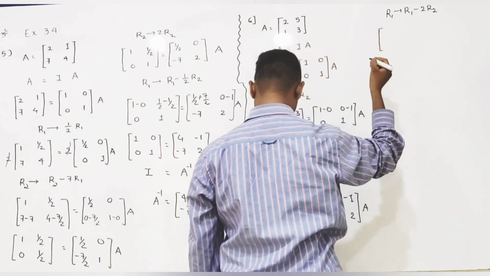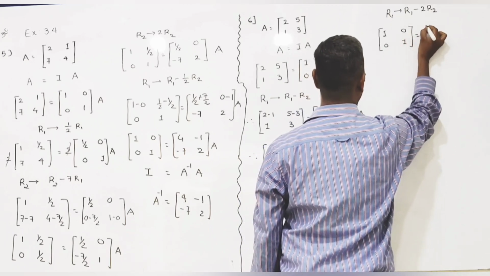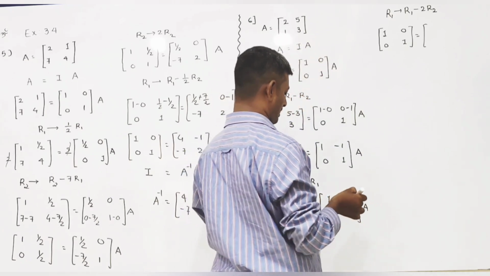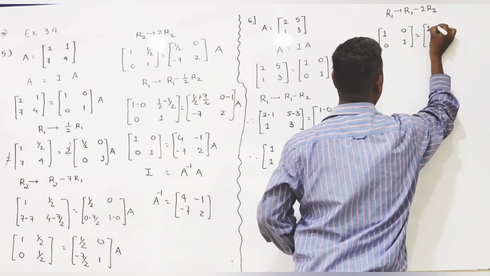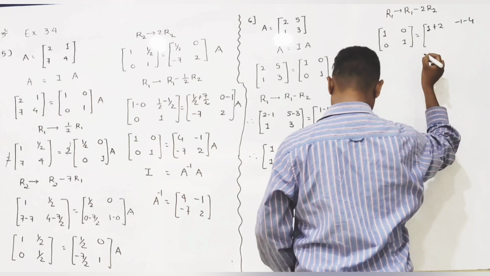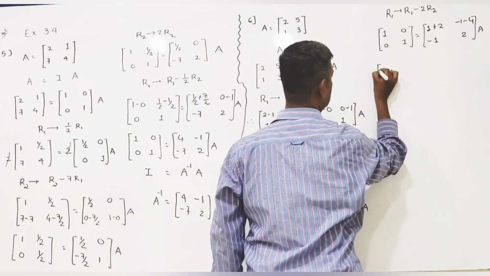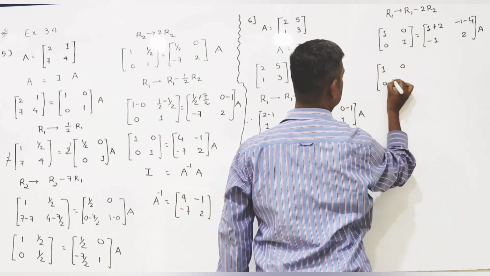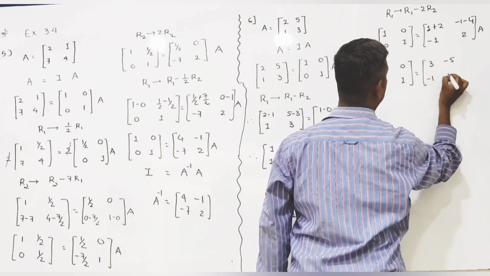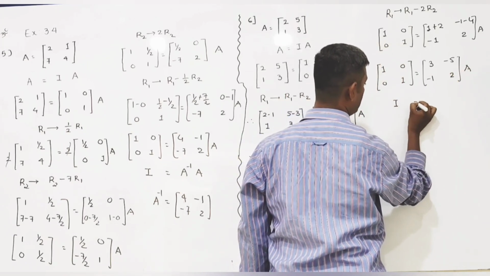So this is 1 0, 0 1 is equal to, these I am going to multiply by minus 2. So minus 2 into 1 2. So this is 1 plus 2 minus 4, and say this is minus 1 minus 4, minus 1 and 2 into A. So this is 1 0, 0 1 is equal to 3 minus 5, minus 1 2 into A. This is our identity matrix.